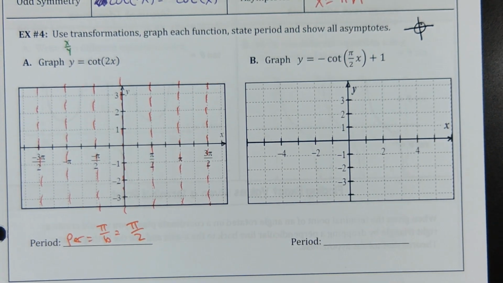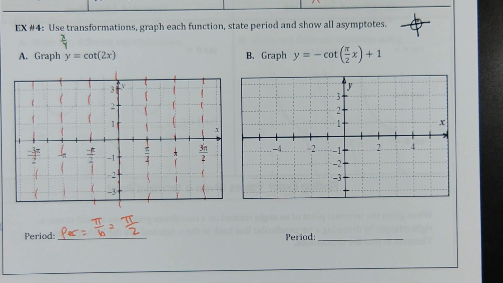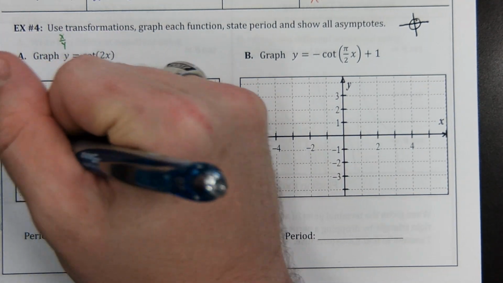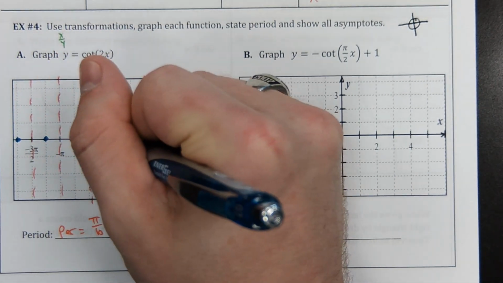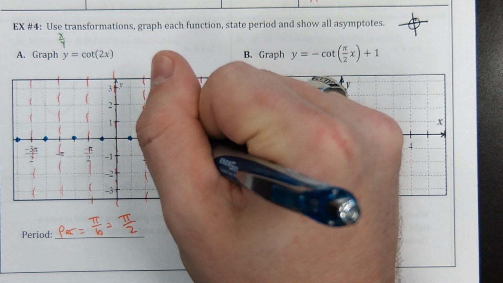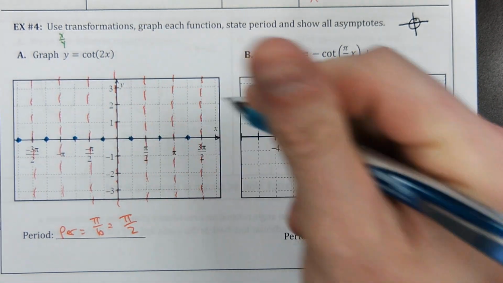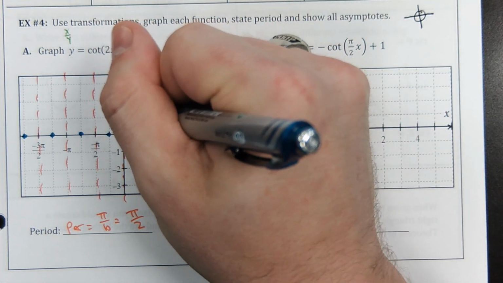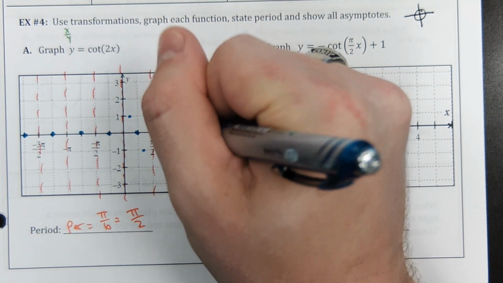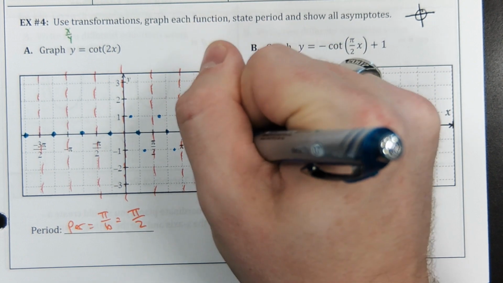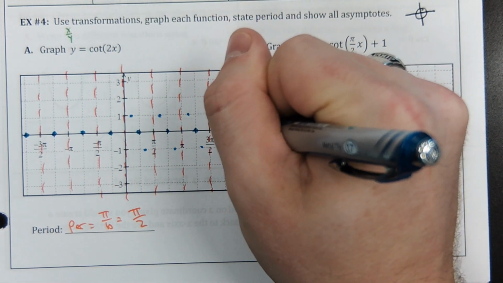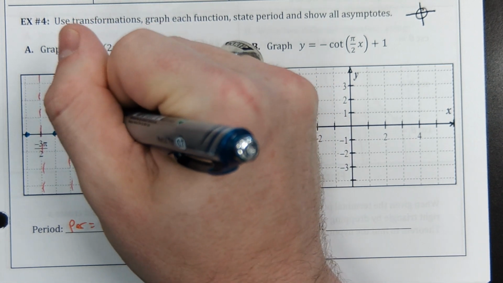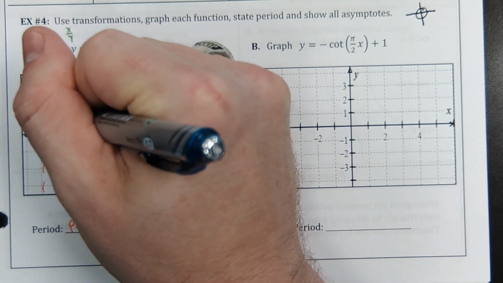The graph has not been shifted up or down. That means the x-axis is still going to be all the places where I have a value of 0. I have not done any reflections, and I have no vertical stretching, so it's going to look like this. There are a lot of periods of this cotangent on this graph.